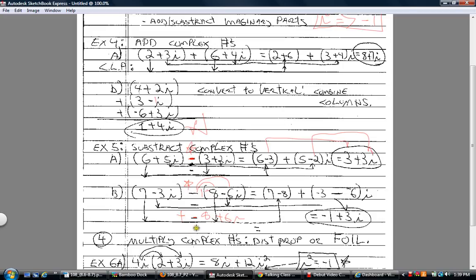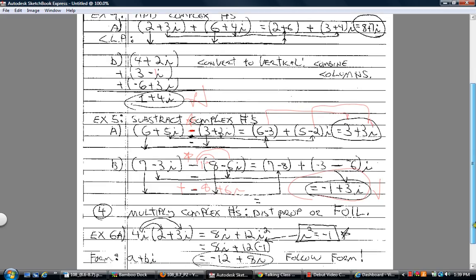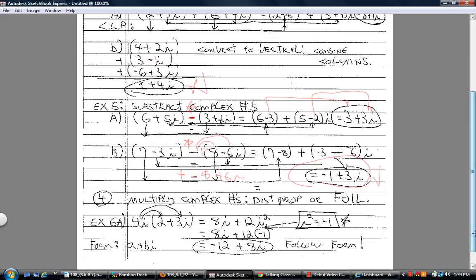With that said, you're left with 7 minus 8, which gives you -1, and then -3 plus 6 is 3, so you're left with -1 plus 3i as your answer. Again, not new techniques, just recognizing i happens to be an imaginary number.